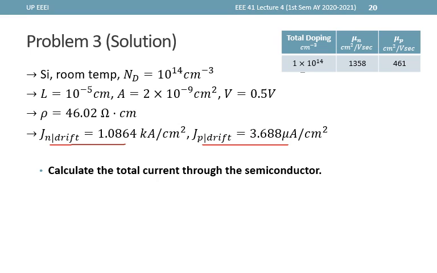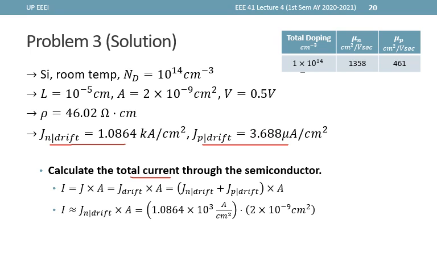So lastly, we compute the total current. So the total current is just the current density multiplied by the area, but the current density has two components, Jn drift and Jp drift.